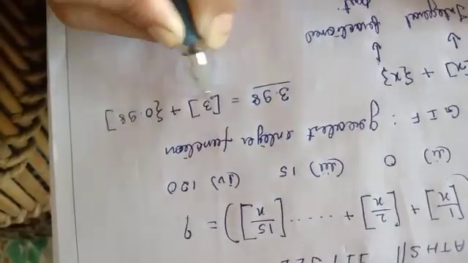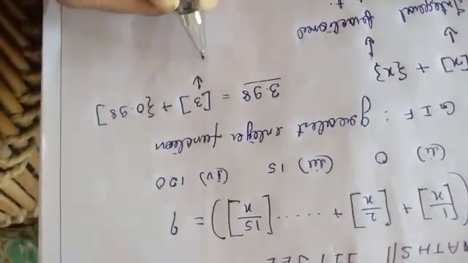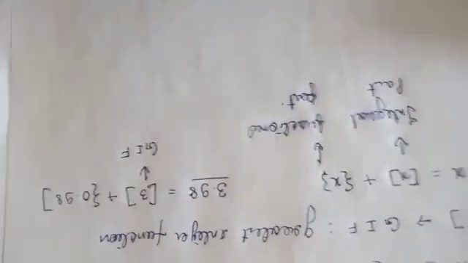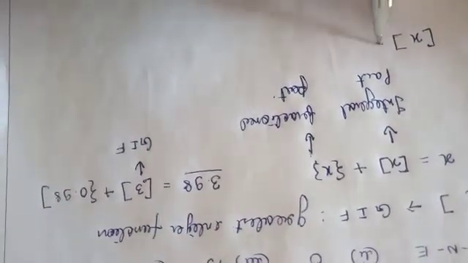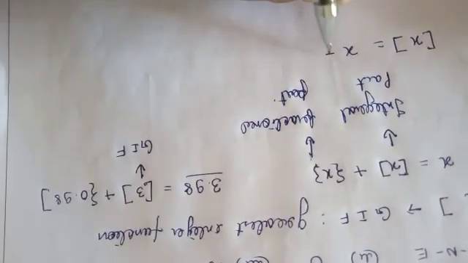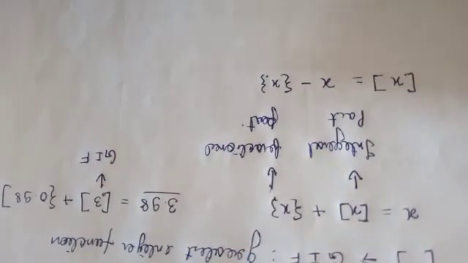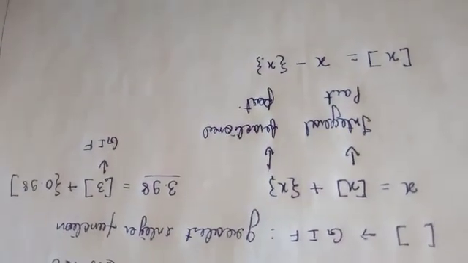Whatever the integral part is, that is said to be the greatest integer function, or the GIF. So how will we get the GIF? When you subtract the fractional part from the given number, you will get your integral part. Okay, so let us start with the question.